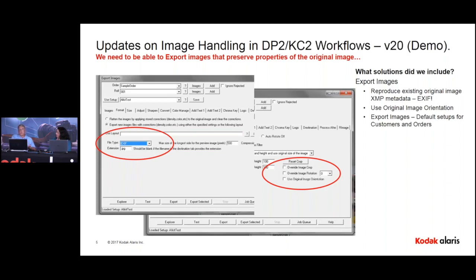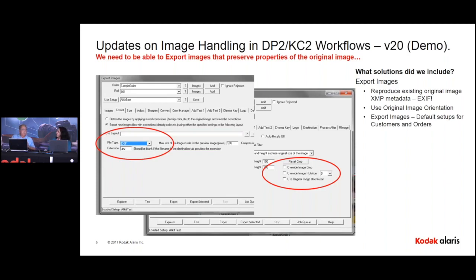In export images workflows, sometimes it's necessary to export images from DP2 in the same format and in the same color space as you received them from the photographer. What's even more important these days is that many images are coming in now with extra metadata inserted into the image file in XMP format.